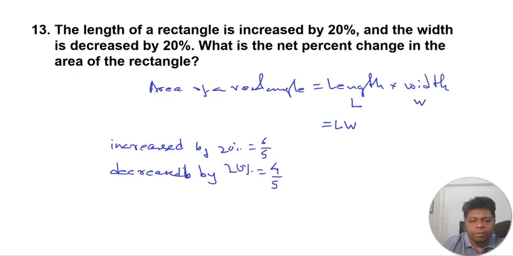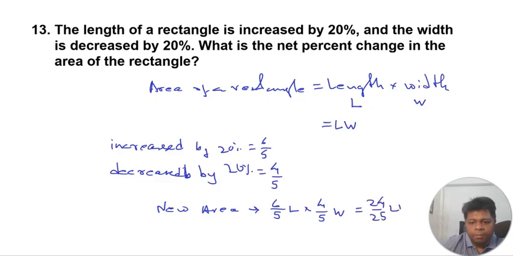Now in that case, the new area will be 6 by 5, this is the length, into 4 by 5, the width, so it will become 24 by 25 LW.